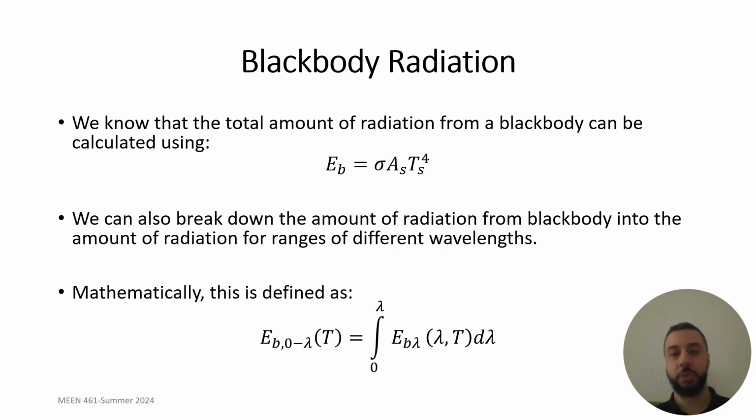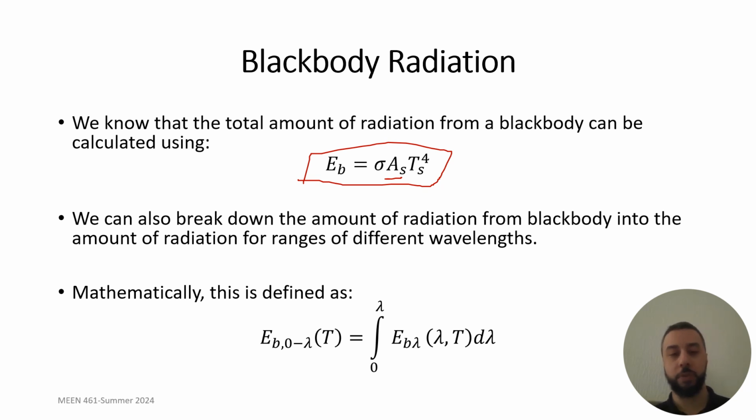So we know that the total amount of radiation from a black body can be calculated using the following equation. This is just the form with surface area, so this is going to be units of power. We can also break down the amount of radiation for a black body into the amount of radiation for ranges of different wavelengths. As we mentioned, we have a range of wavelengths that carry different amounts of energy. So we might want to break that down to see how much power is emitted for the different wavelengths.